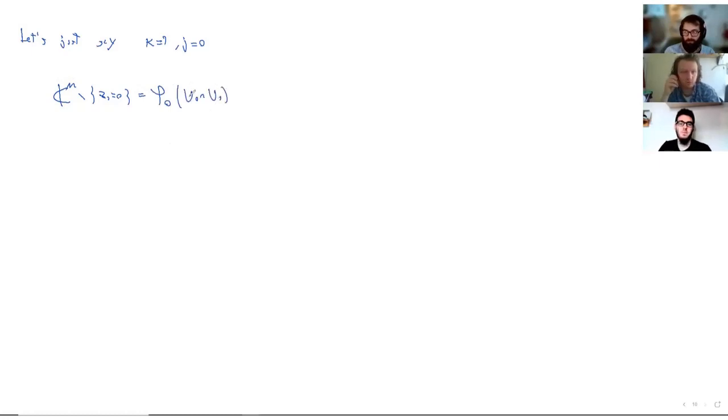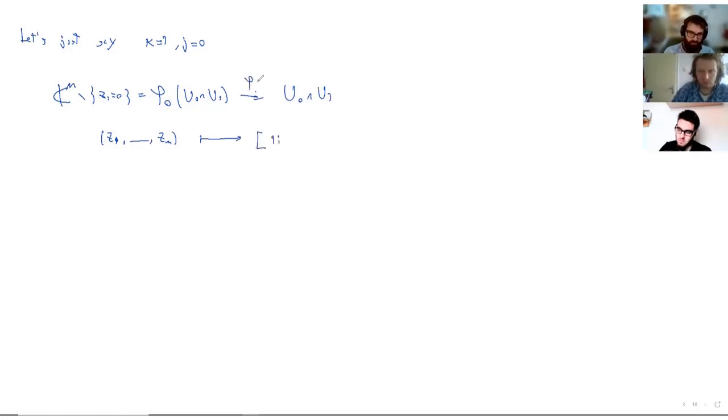So U0 intersected U1 is the open set in CPn where Z0 and Z1 are not 0. And so the Z0 equals 0 just disappears here because it's the correct local chart, and we remain though with Z1 different than 0. Then we go into this intersection, and this map, we know it. We go to 1. So this is phi 0 inverse: 1, Z1, and so on, up to Zn.